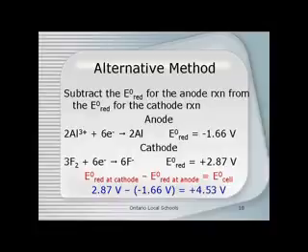So what we get is 2.87 volts minus a negative 1.66 volts. Of course, you know that subtracting a negative number ends up with a net positive change, so the 2.87 volts minus negative 1.66 volts equals positive 4.53 volts. You get the same value as the previous method that we looked at, but for some people this is a little simpler, and you should make a choice as to which one makes the most sense to you.